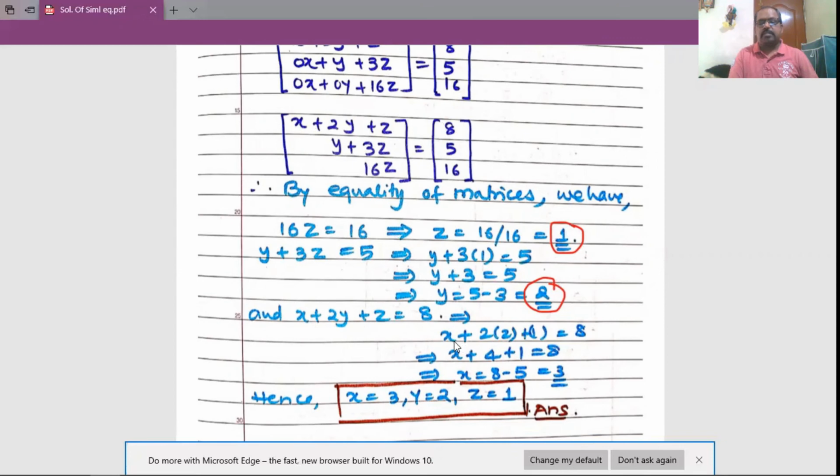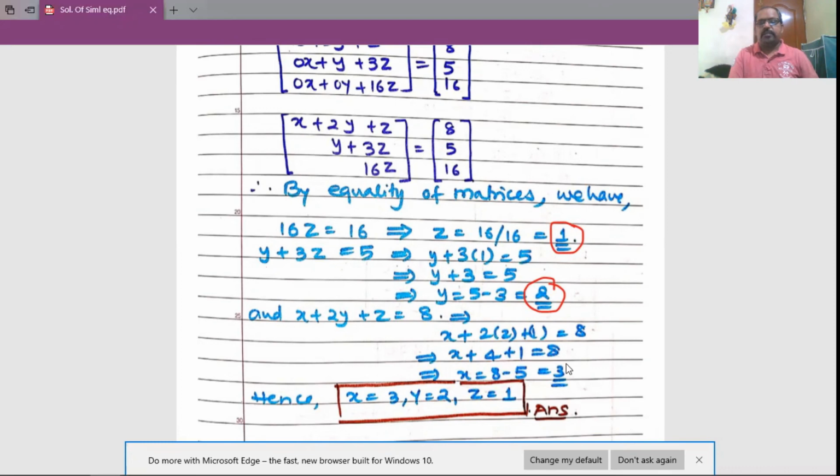So we have x plus 2 times 2 plus 1 equal to 8, that is x plus 4 plus 1 equal to 8, that is x plus 5 equals 8. So that 5 will be taken to the right side and subtracted from 8. So x will be equal to 8 minus 5, which is equal to 3.